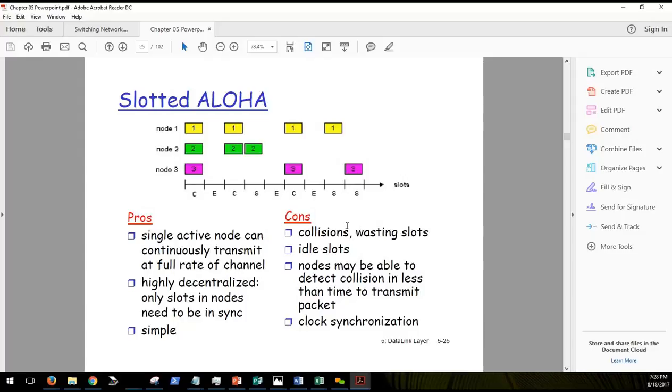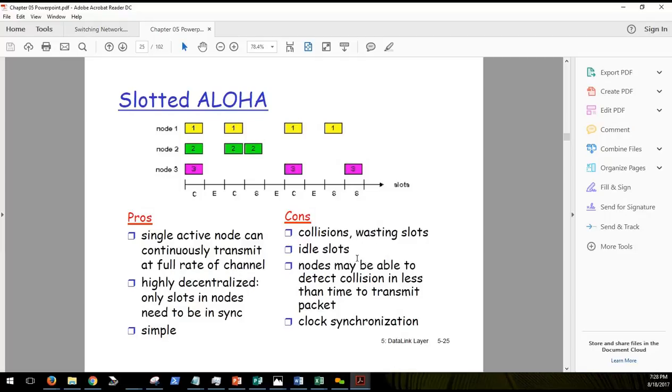Some of the disadvantages to slotted Aloha are that there are quite a few collisions, and we have what are called wasted slots. We also have idle slots in which nothing is being transmitted. Therefore, bandwidth is being wasted.